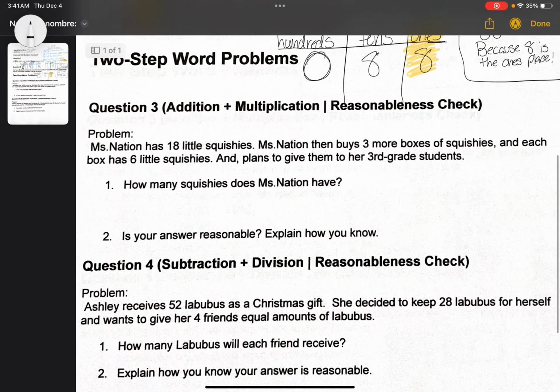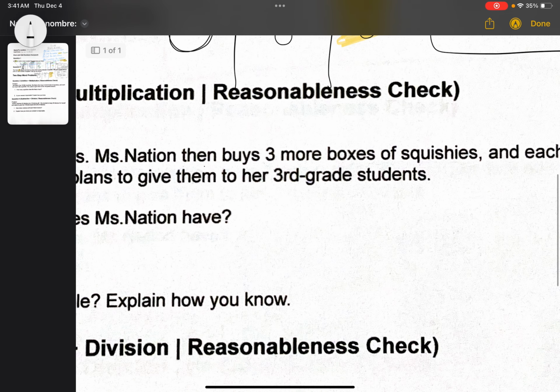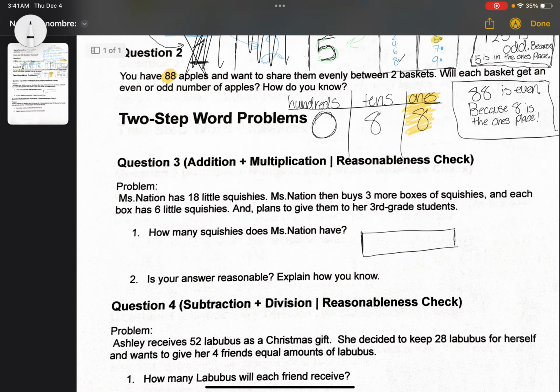So first step is to make a strip diagram. I want you to make a strip diagram for me, please. Good job. And now we need to figure out what goes inside my strip diagram and what goes outside.